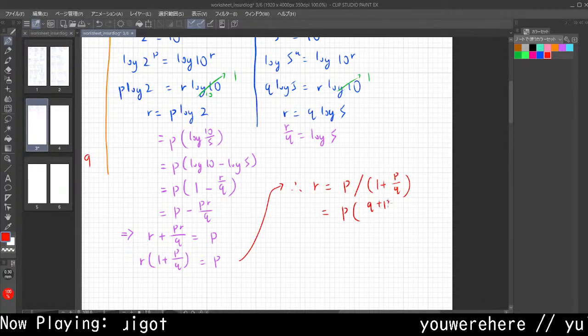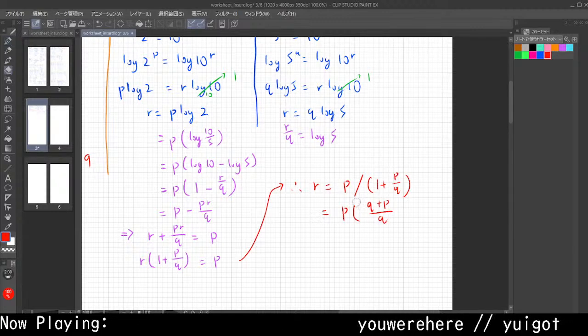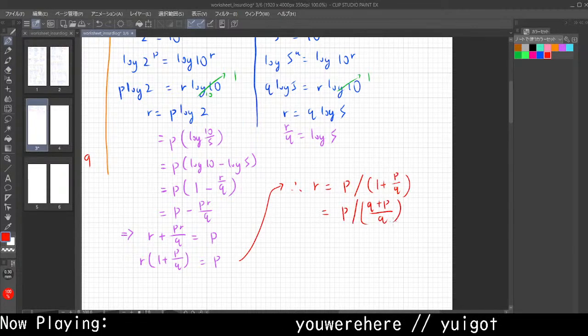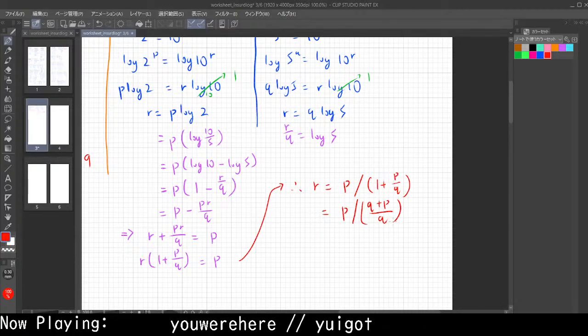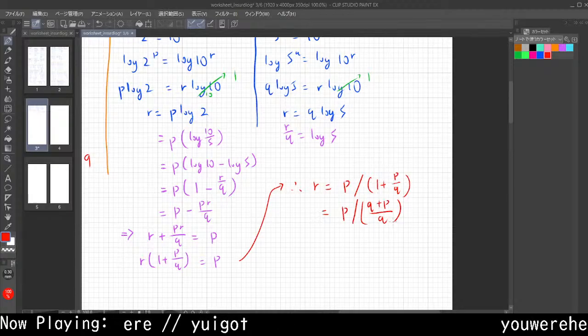You can try to further simplify it a little bit actually. So this will be that. I want to make it into one single fraction. I will have to change the denominator. So 1 equals to Q over Q. So I get Q plus P over Q.